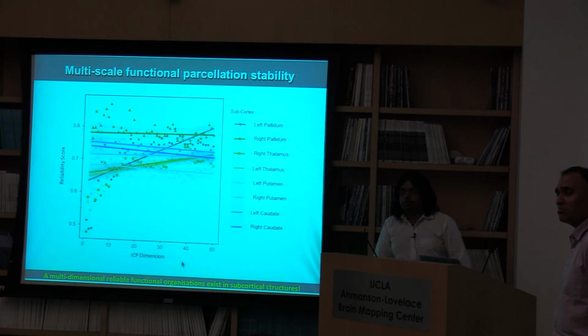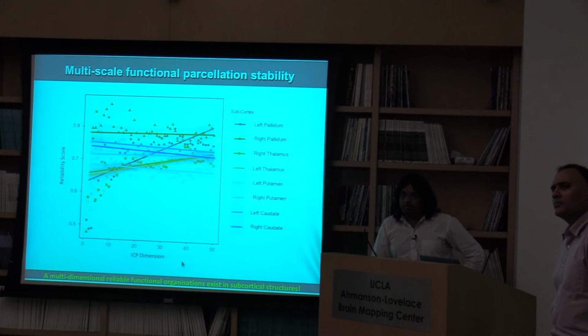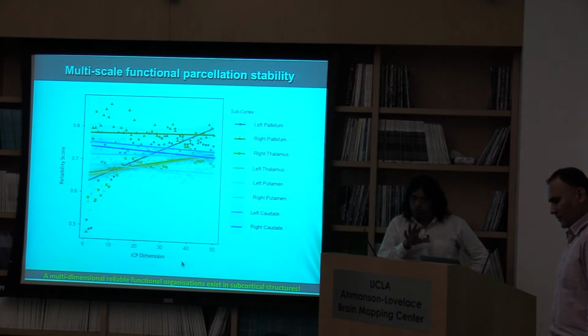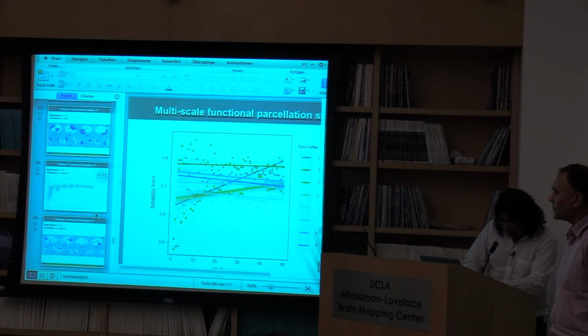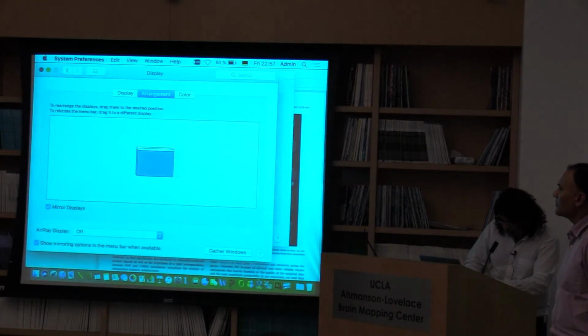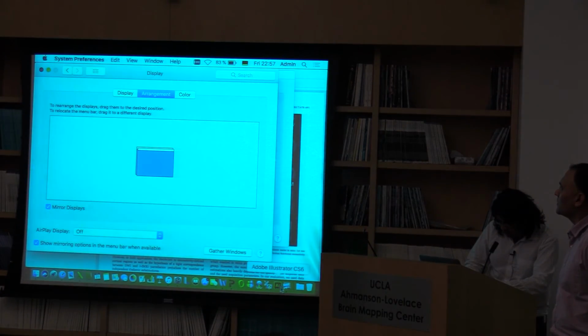Just one other thing I'd find. The parcellation within the thalamus related to its connection to the cortex, was that parcellation histologically different? So histologically, there is a correspondence with the parcellation. I think just a second, I show again. It's here.